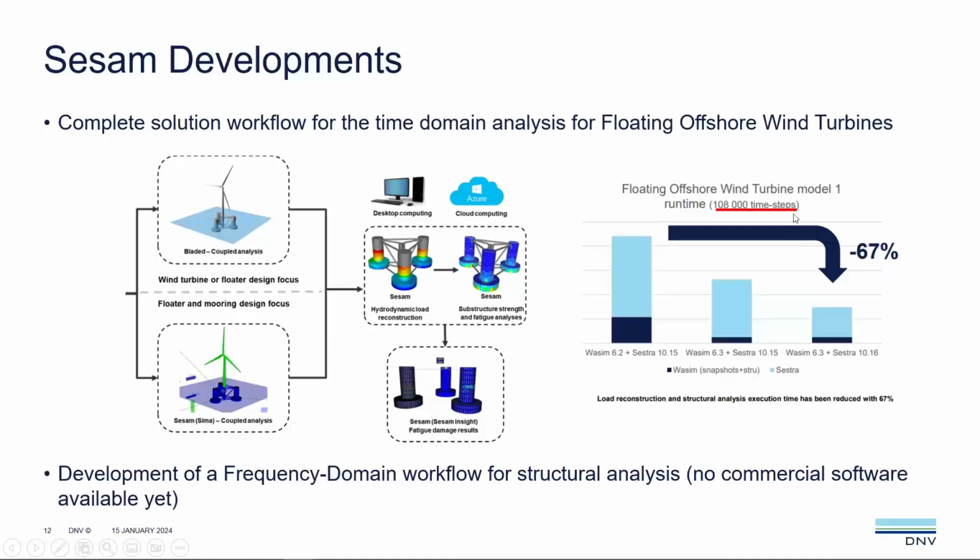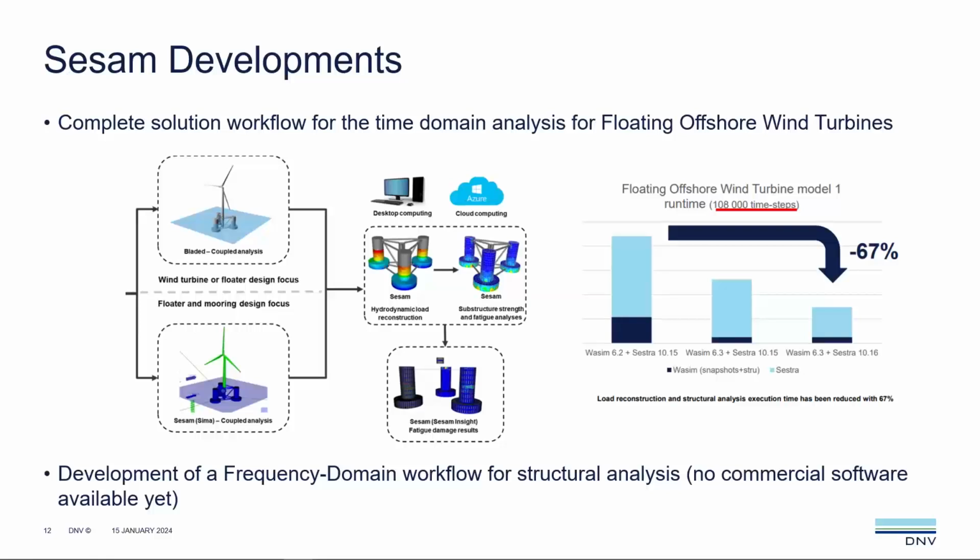And I've highlighted here in red the fact that this 60% reduction in computational burden is based on an example with more than 100,000 time steps, which is, again, quite significant for these cases. So this is looking at detailed design.